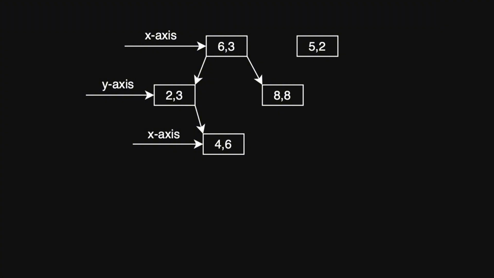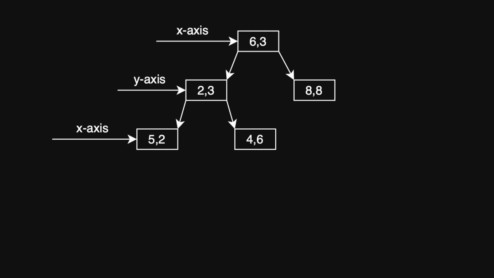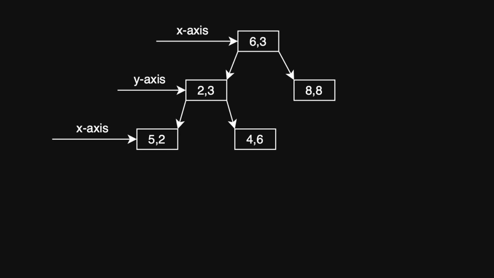When we compare the y dimension, we compare 3 with 2, so we also move to the left. And that's basically the algorithm for the insert for this data structure, the KD tree.